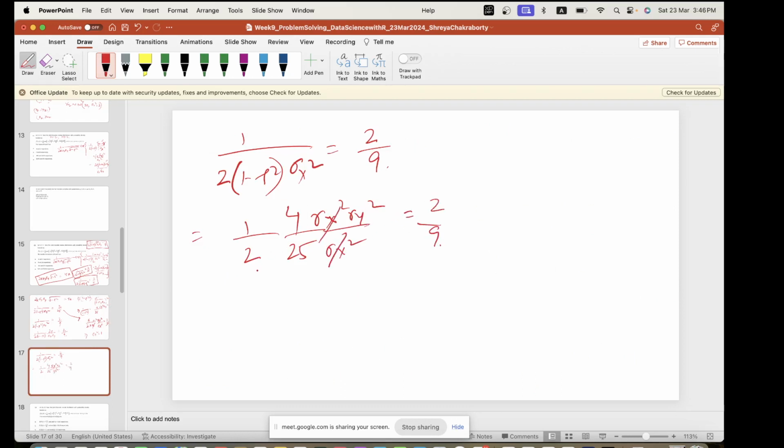So sigma x cancels, the 2 and 2 cancel, so sigma y square would be 25 by 9. So sigma y would be 5 by 3.